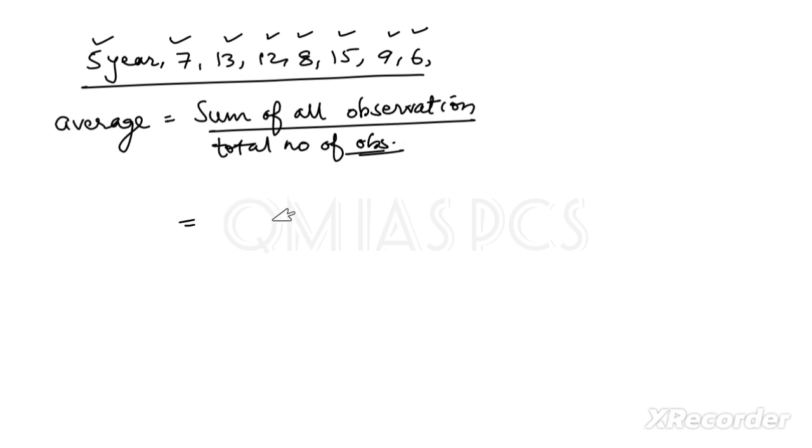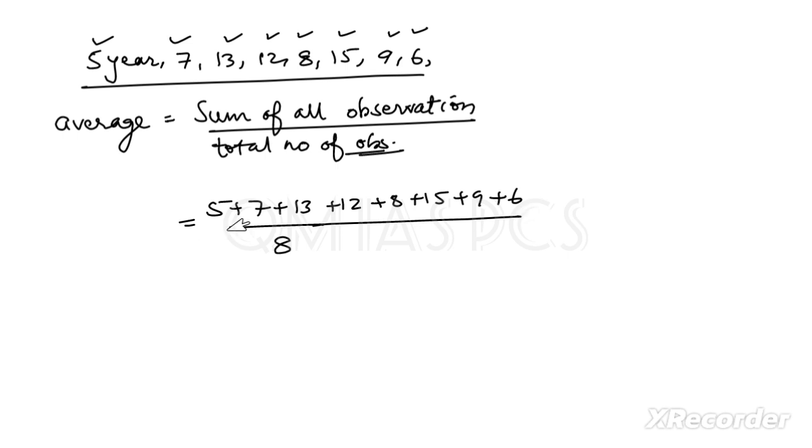So in the denominator we will write 8. But what about the sum of all observations? We will write 5 plus 7 plus 13 plus 12 plus 8 plus 15 plus 9 plus 6. Now you can add, that's your wish how you add.